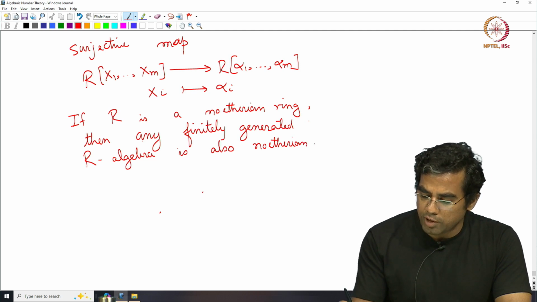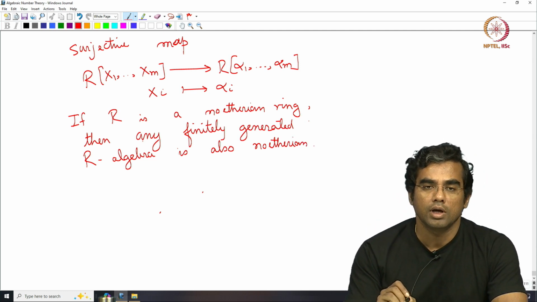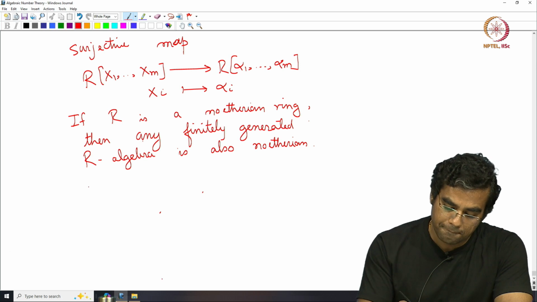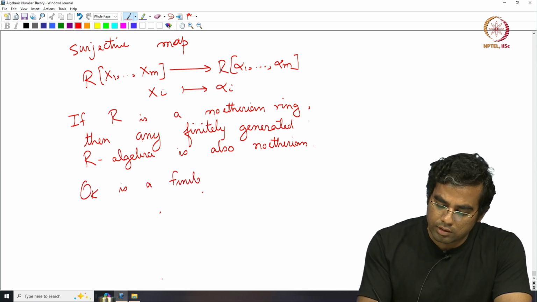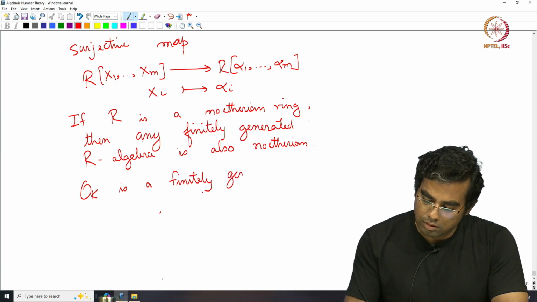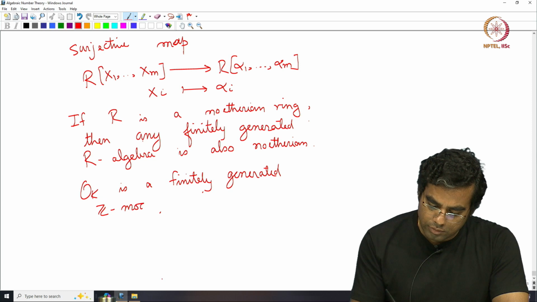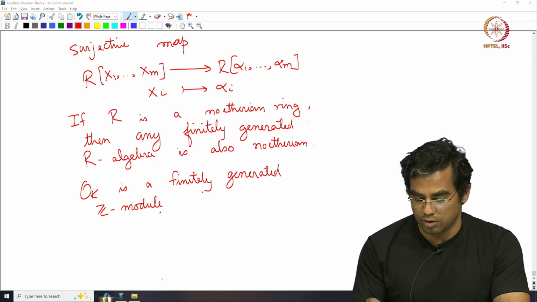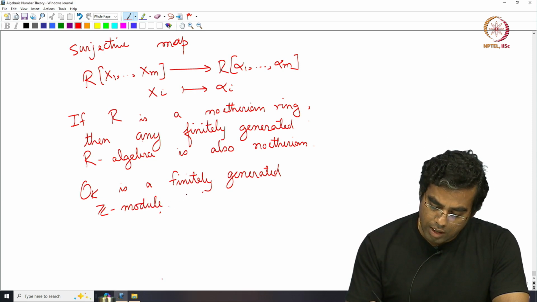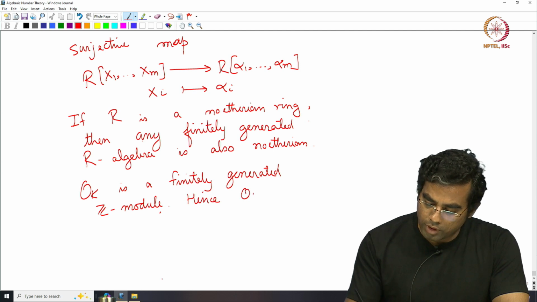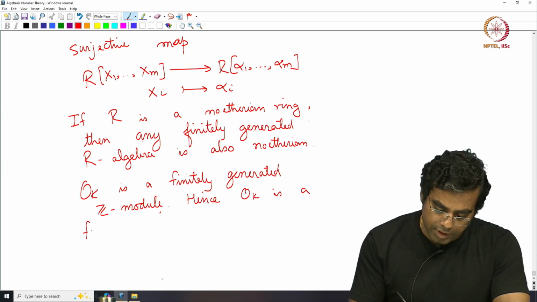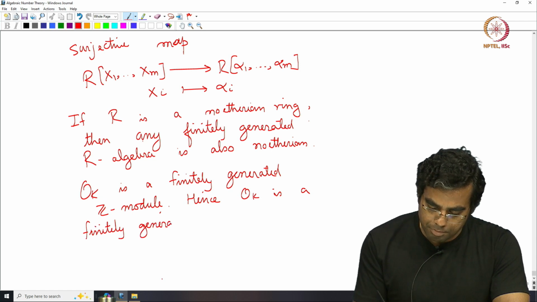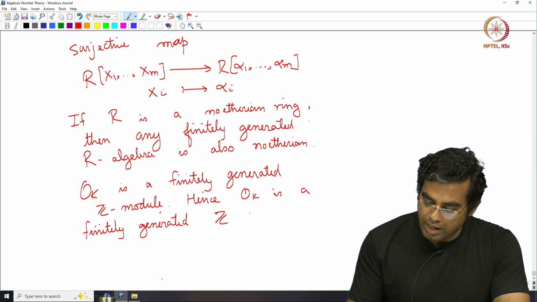So, this is a simple consequence of the Hilbert Basis theorem, and this is the one we are going to use. Okay. So, OK is a finitely generated Z module. This I just recalled at the beginning today. Hence, OK is a finitely generated Z algebra.